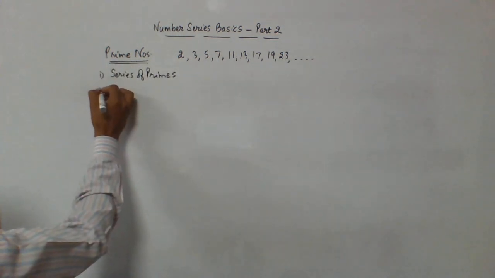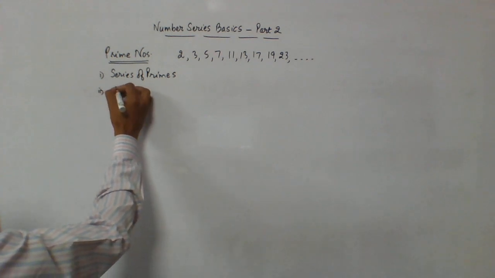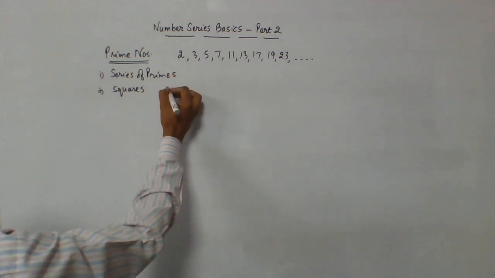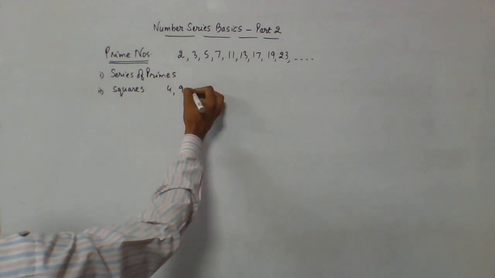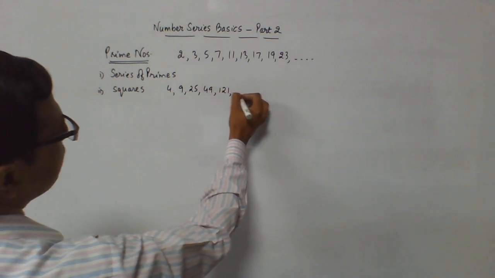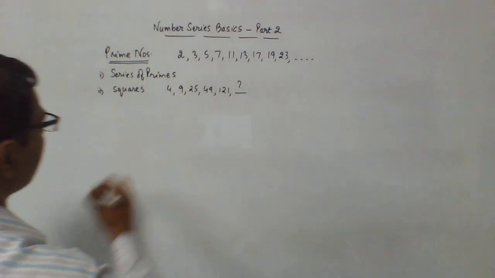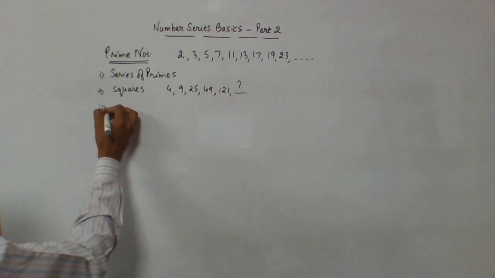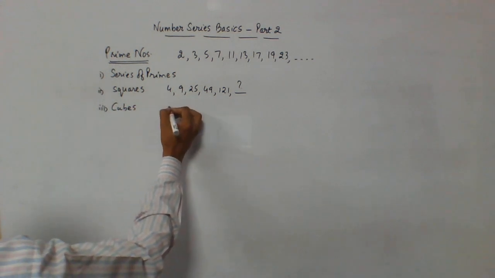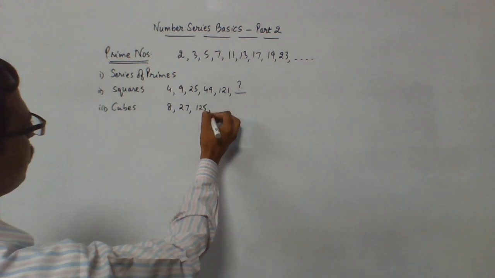Then using the primes, there can be a problem in which we take the squares of primes. That is 2 square is 4, 3 square is 9, 5 square is 25, 7 square is 49, 11 square is 121. So what comes next? 13 square comes next. So that is one question you can get. Then a similar question for cubes. 2 cube is 8, 3 cube is 27, 5 cube is 125, 7 cube is 343.